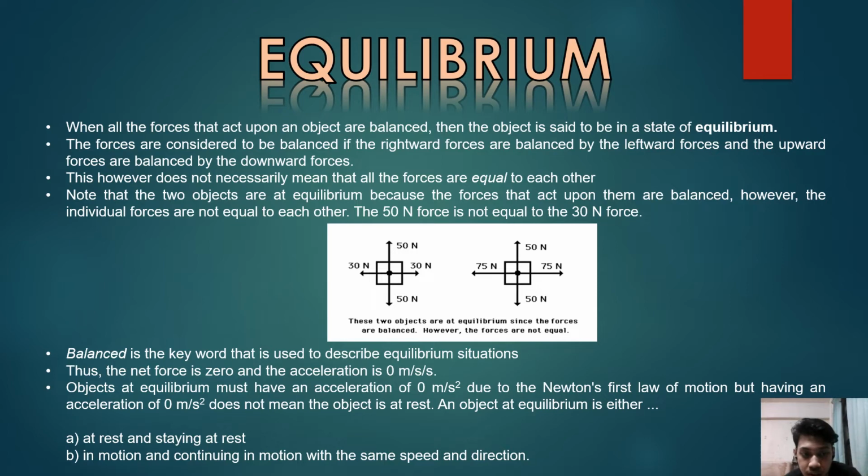For the first one, when the object is at rest, and the second one, when it is in motion and continuing in motion with the same speed and direction. If the object is in one of these two conditions, then it can be said to be in equilibrium.